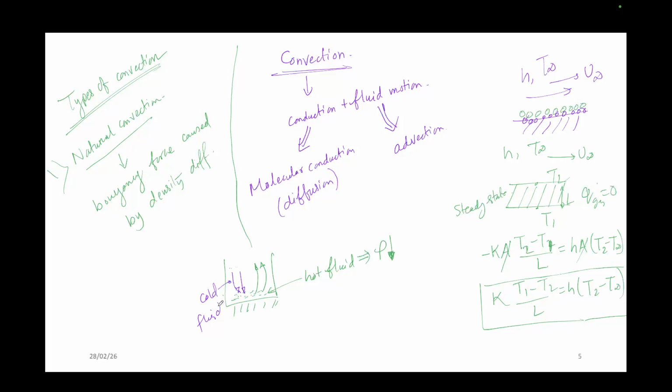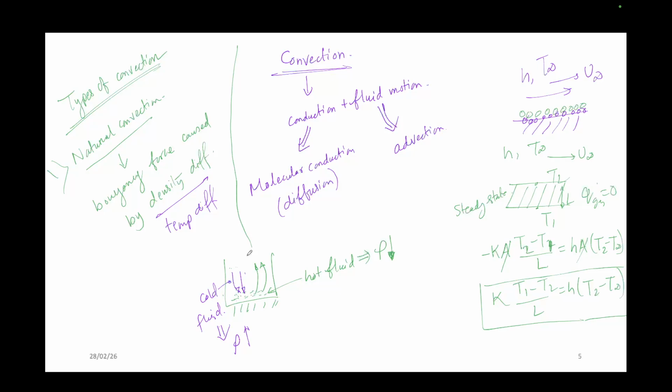The cold fluid has more density, so it will go downward. So this is the concept of natural convection. Indirectly we can say that it is because of temperature difference, not only density difference, because both these terms are correlated. If the liquid at the bottom is heated first, its temperature will be more than that of the top liquid, so there is a temperature difference. You can also say it in terms of density difference; it is the same thing.